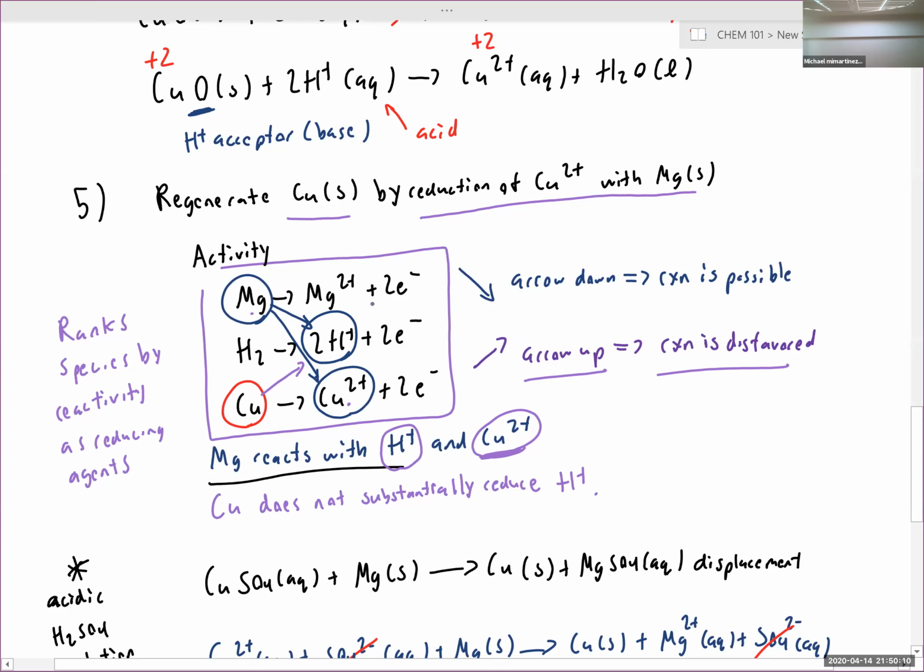So looking at our activity series, would we expect copper to react with acid? Does neutral copper metal react with acid? Is copper above H+ or below? Let's really think about this, as this is critical to understanding why this works for copper. Does copper react with H+? Yes or no?